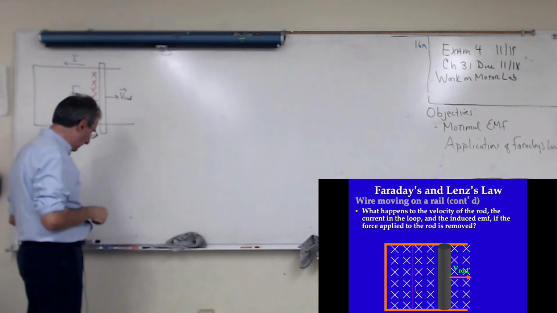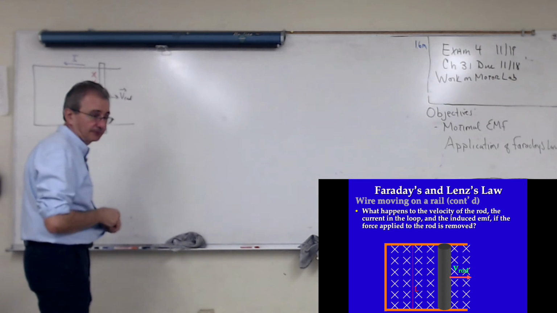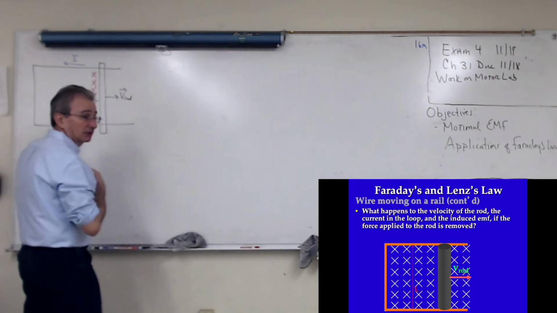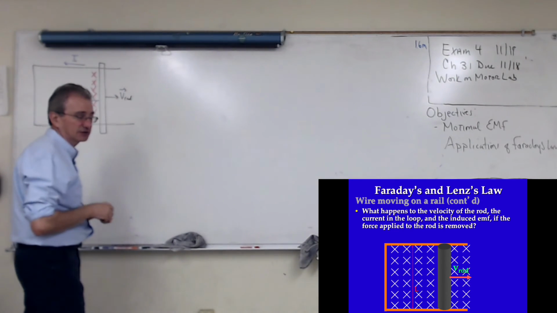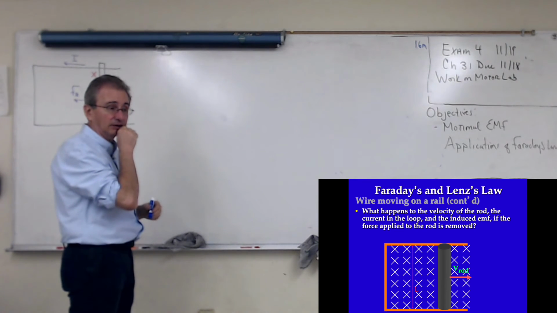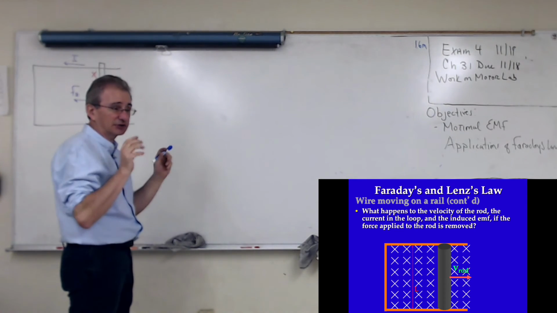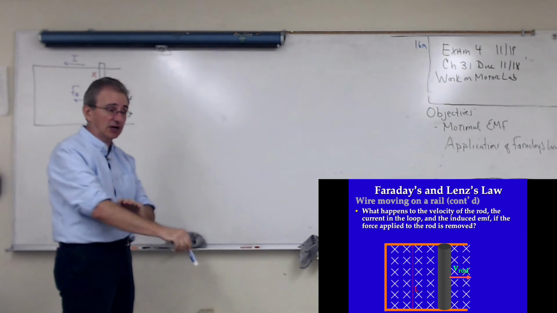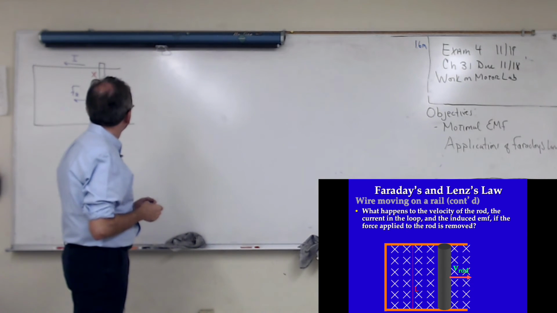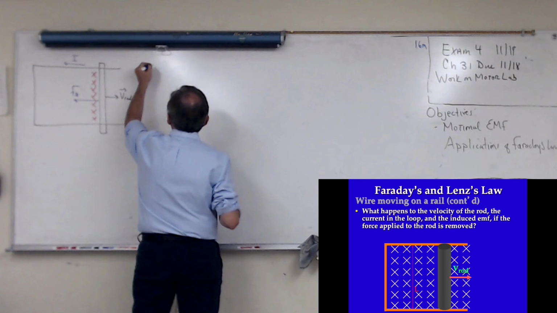So let's pretend the only force acting on this rod is this. There's no friction in the rails. By the way, I'm also ignoring something called self-inductance, which we'll talk about in the next chapter. Okay, so I want to sum the forces on this rod.